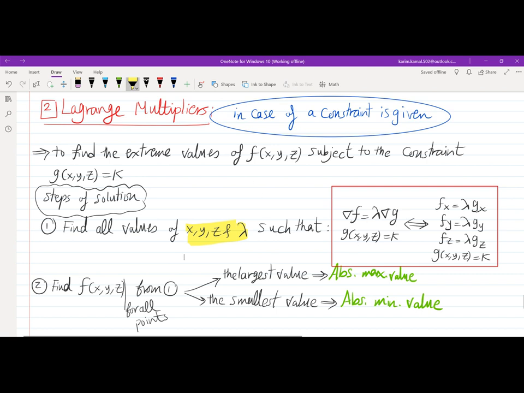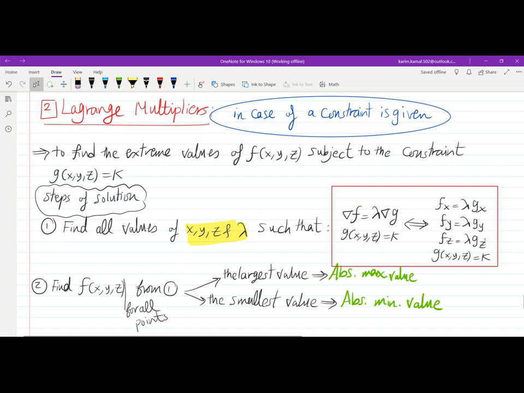This is exactly equivalent to equating each component of the vector nabla f and the vector nabla g. For example, fx equals lambda gx and fy equals lambda gy and fz equals lambda gz according to the constraint g of x, y, and z.